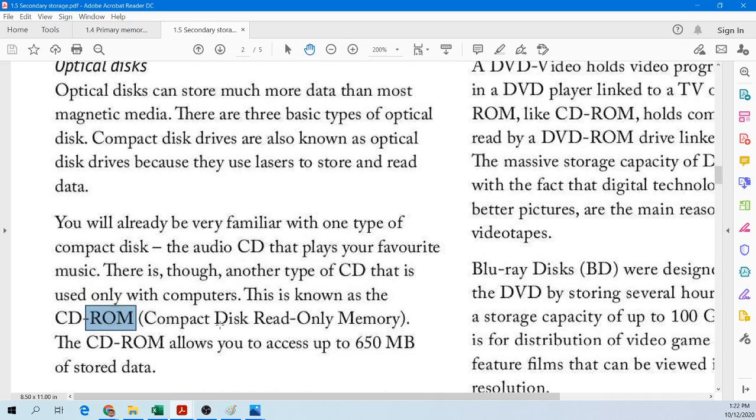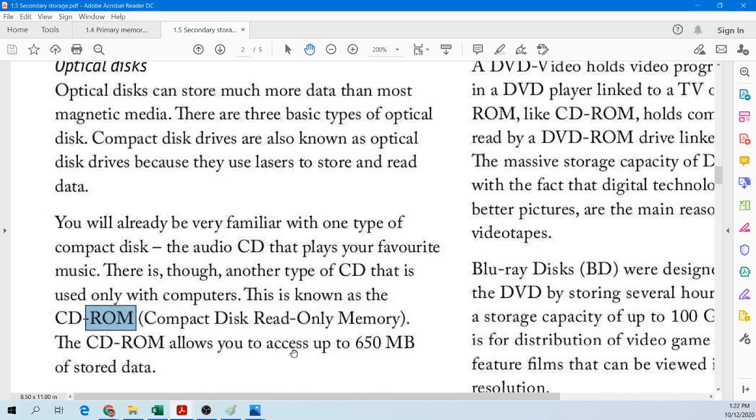So from last week's class, the read-only memory, it only allows you to read that data. So the CD that you have, you can't put any more songs onto it. You can only read the songs that were already burnt onto that CD. So that's a good example of a read-only memory device.